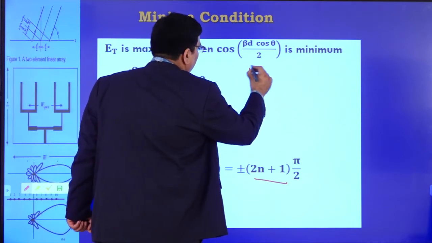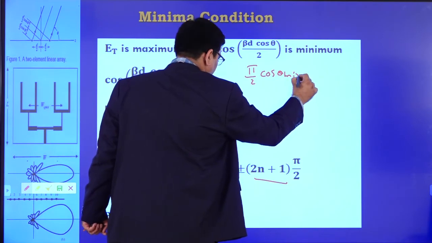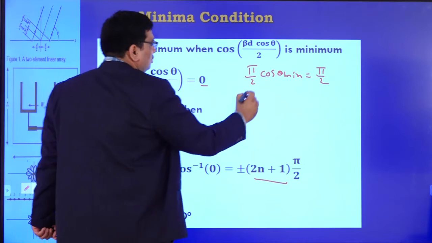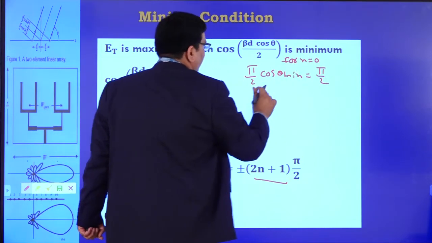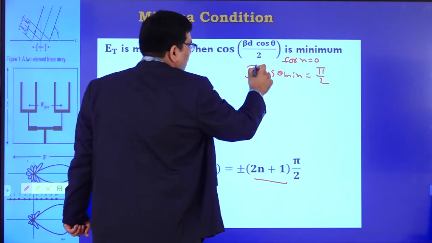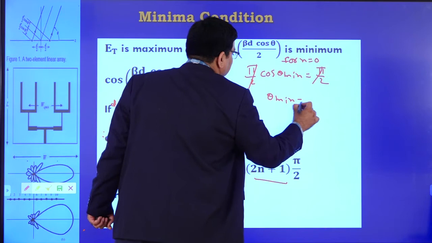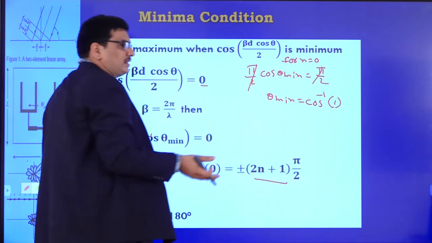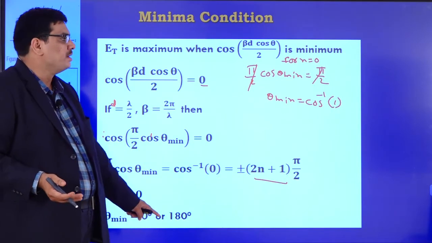So, your pi by 2 cos theta minimum is equal to pi by 2 for n equal to 0. These two cancel, so your theta minimum is equal to cos inverse of 1. We get the cos inverse of 1 at 0 degrees or at 180 degrees. So, that is the minimum signal.